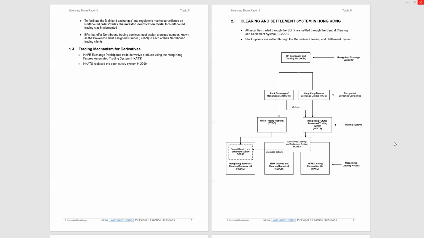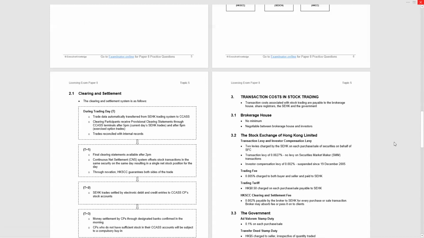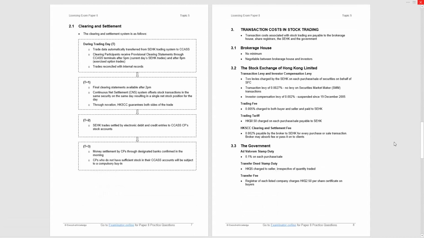The last stage with an option is the exercise of an option, and the exercise instruction goes into DCASS, which triggers the underlying asset trade, which is cleared and settled in CCASS. Now, the actual clearing and settlement process is carried out in CCASS by the Securities Clearing House. During trading day T, we have the trade.